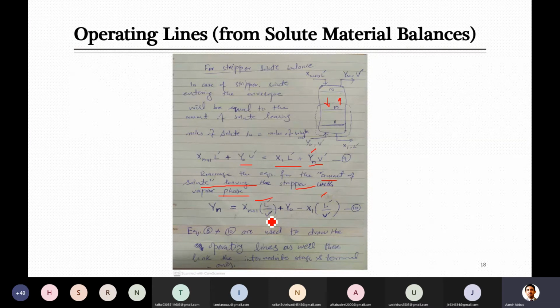So if you know the liquid flow rate, the vapor flow rate, and some specifications of the equipment, for example, how much solute has already been absorbed in the absorber, because this is the stripper stage, so we know how much we have already absorbed.